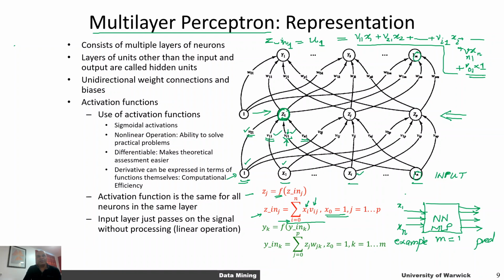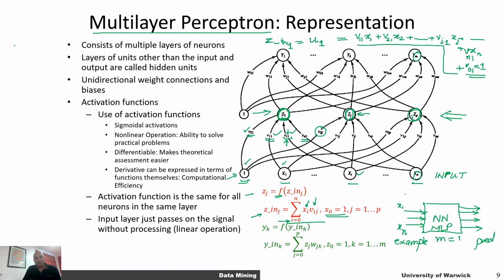The same thing happens for a bunch of other neurons in this layer. So you have this neuron over here, which is connected to all the inputs, but notice it has different weights.